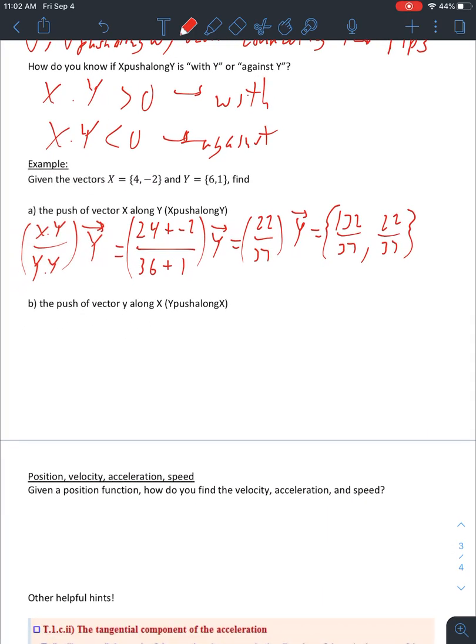If you want to do y push along x, there's the expression for that. We already know x dot y is 22. X dot x is 16 plus 4.